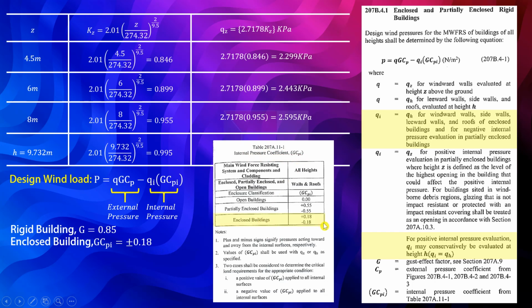So under yan sa enclosed building, so ito yung gagamitin natin na GCPI. So yung plus, kasi nandito sa notes, yung plus and minus sign signify pressure acting toward and away from the internal surface respectively. So pag plus ka, that is towards the internal surface, and pag minus ka, that is away from the internal surface.